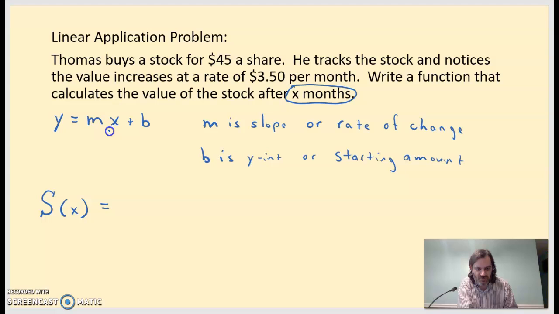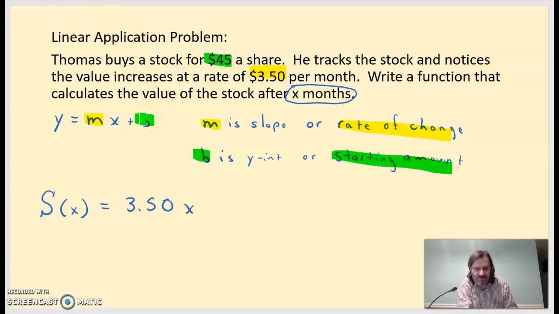That's the m part, and it's changing at $3.50 per month. So S of x equals 3.50x, where x is the number of months, and then we need the starting amount, which was $45, so plus 45.